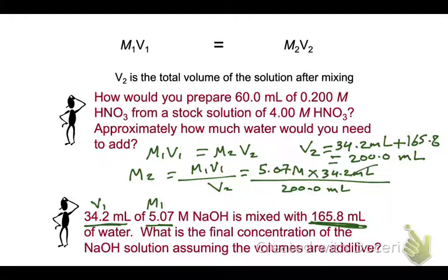So milliliter cancel milliliter, and I'm going to get my answer out in molarity, 5.07 times 34.2 divided by 200, and I'm going to keep 3 sig fig. The answer will be 0.867 molar. All good?